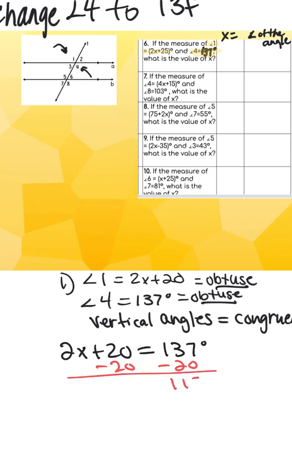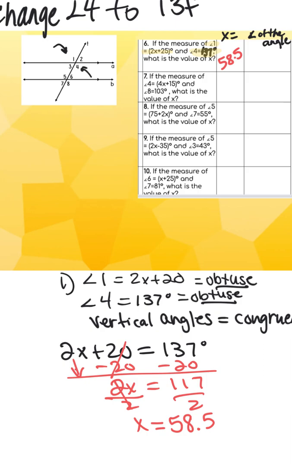That's going to give me 117 equals 2x. Okay, then I'm going to divide each side by 2, and that's going to give me x equals 58.5.